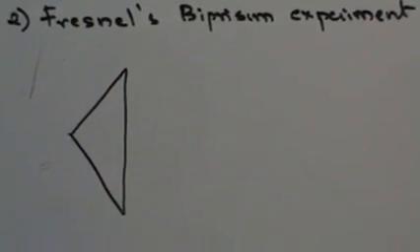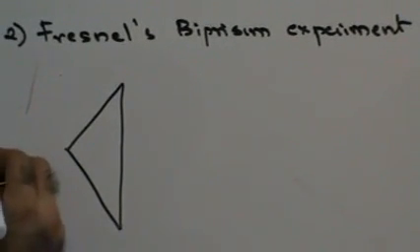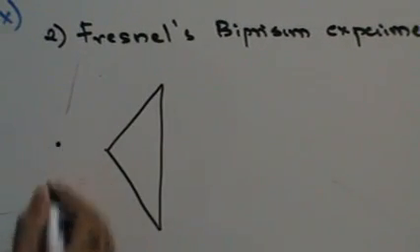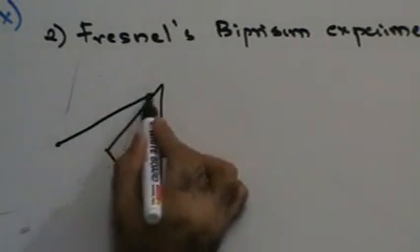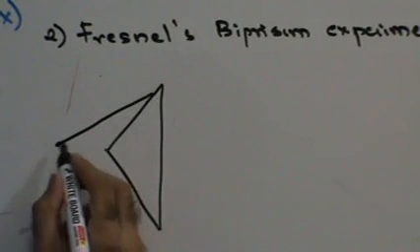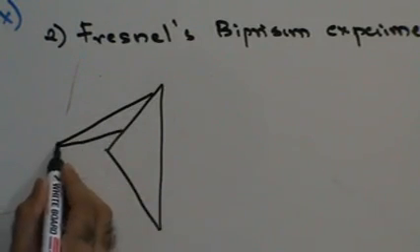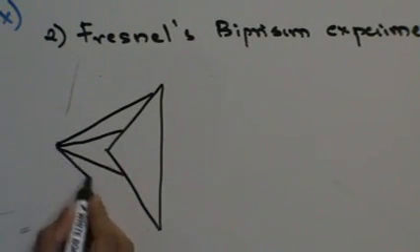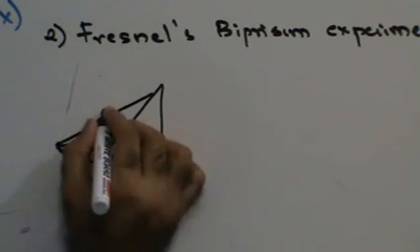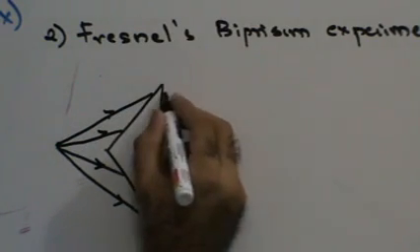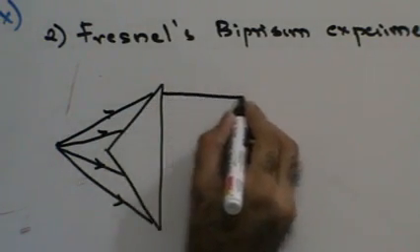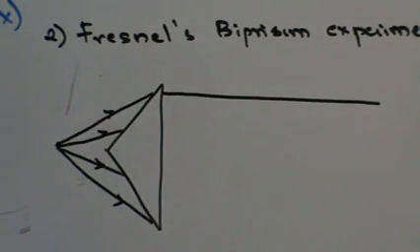he used a prism. Now you have a source of light somewhere here. From the source, rays of light will go on to the prism. From the prism, since here they are towards the corner, they will hardly get refracted, they'll move straight.